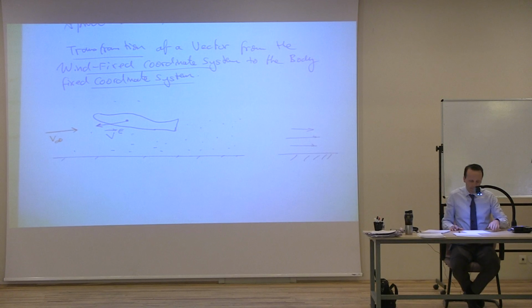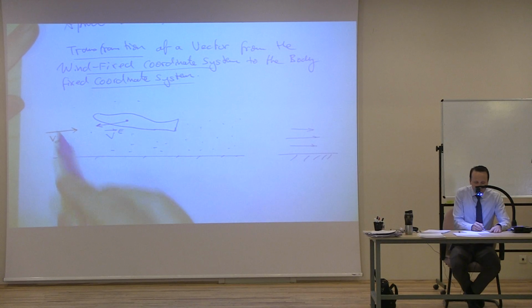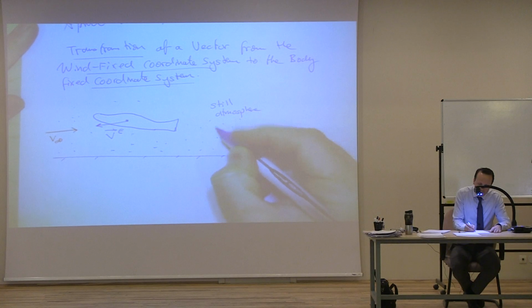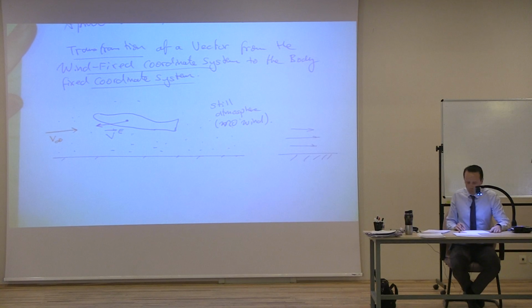So if the airplane is moving in this direction, this would be V infinity in a still atmosphere. I will call this still atmosphere, and there is no wind.